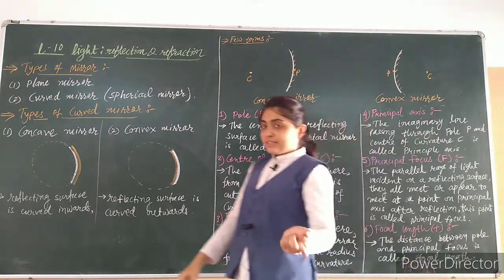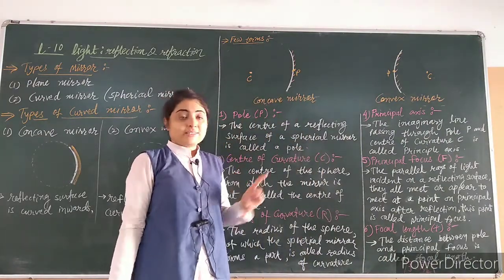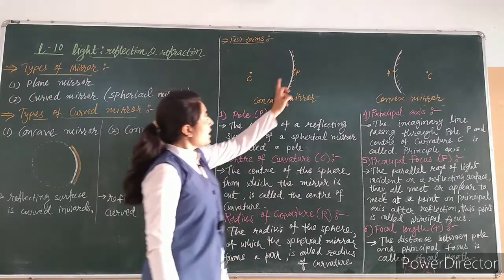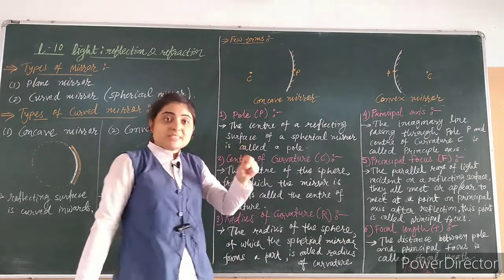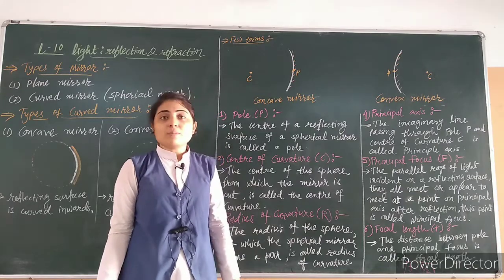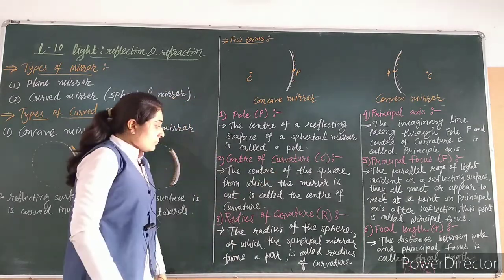And as you can see, this center of curvature is not a part of the reflecting surface. It is outside the reflecting surface. Only pole P lies on the surface, so it is a part of a mirror, but center of curvature is not a part of the mirror. That is denoted by capital C.